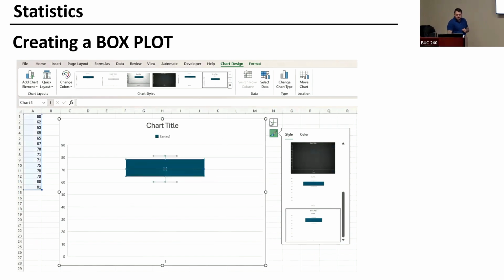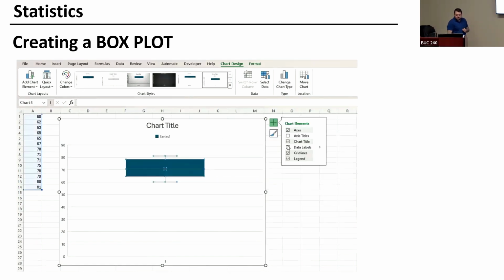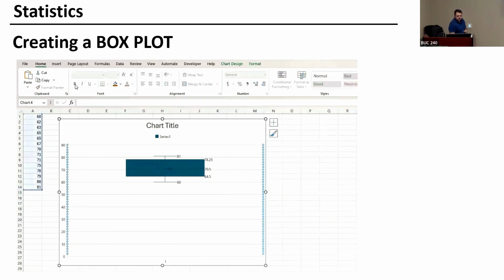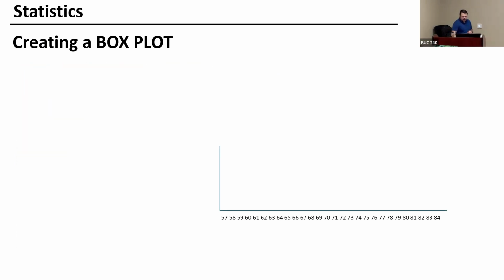Very simple. Think about how long to create that graph, if you need to do it for another class at some point in time. It's 2 seconds, right? Good? Okay.